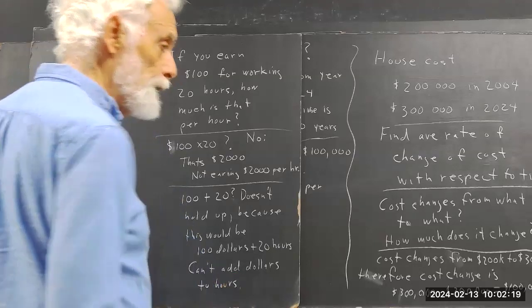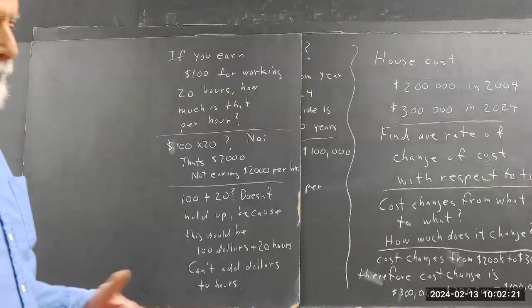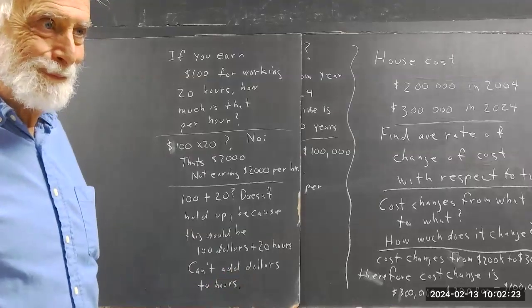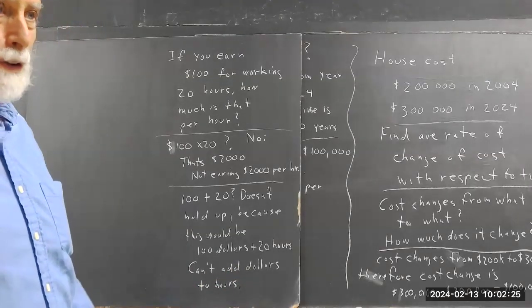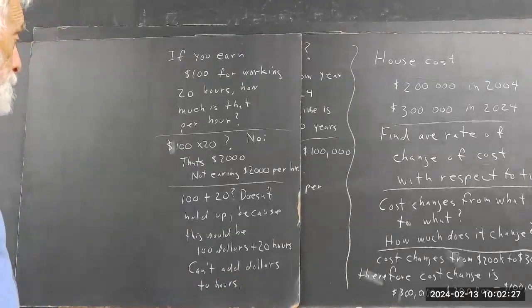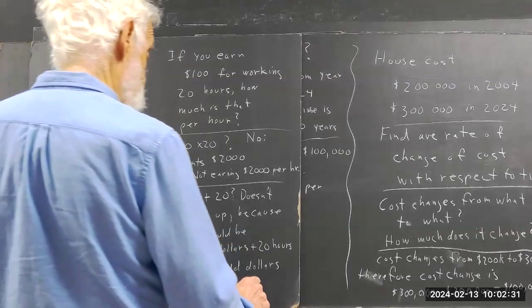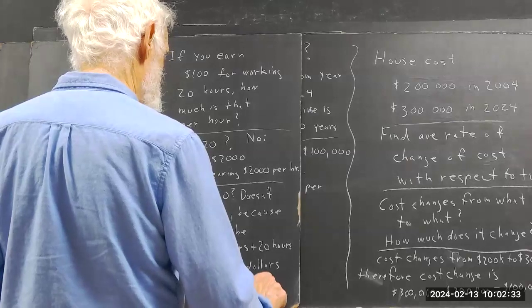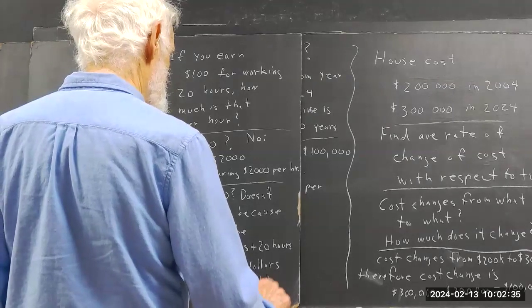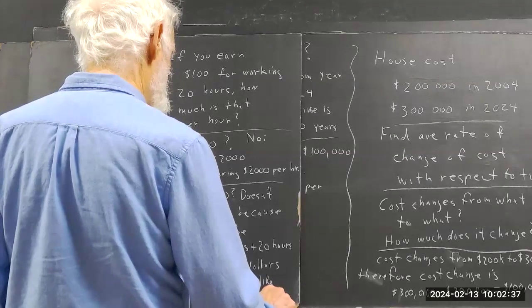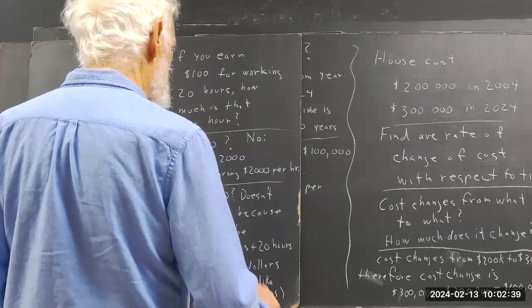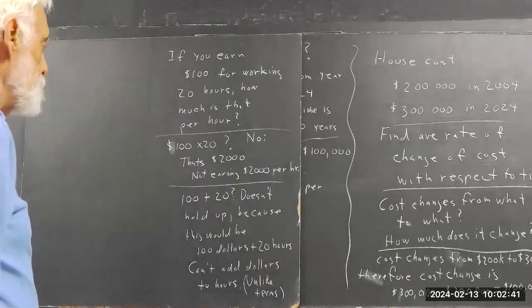You can't add dollars to hours. What does it mean to add $100 to 20 hours? What do you get? You don't get dollars, you don't get hours, okay? So these are unlike terms, because they have different units.